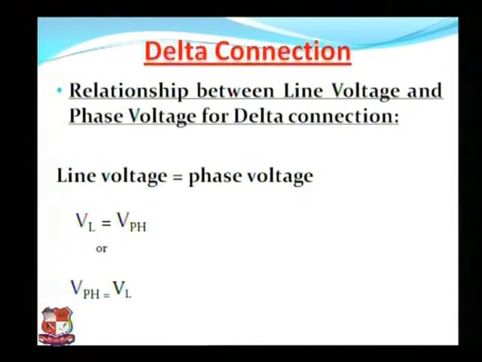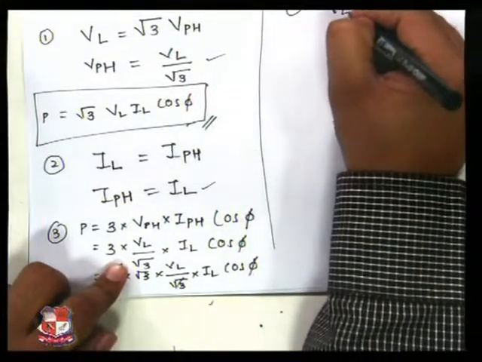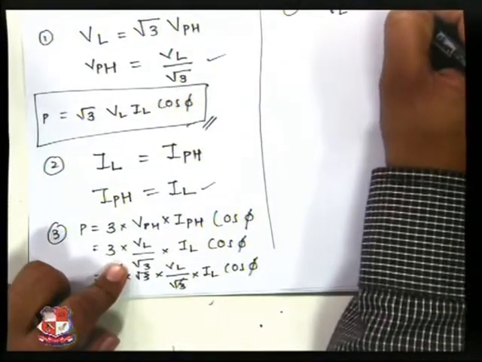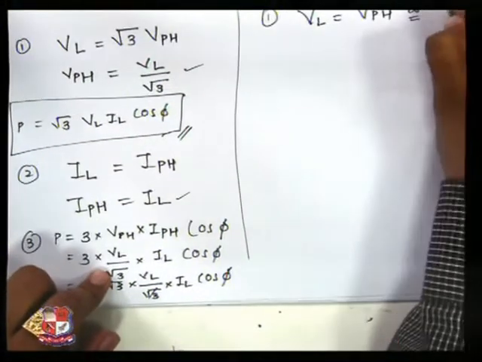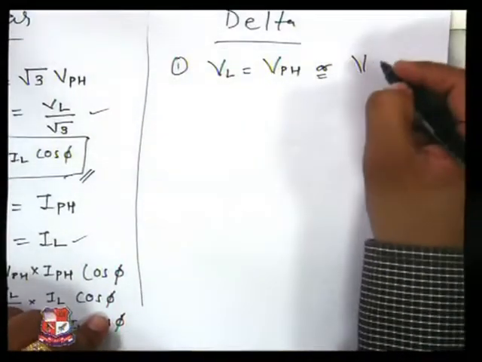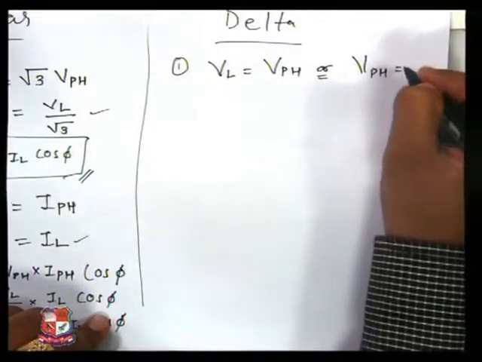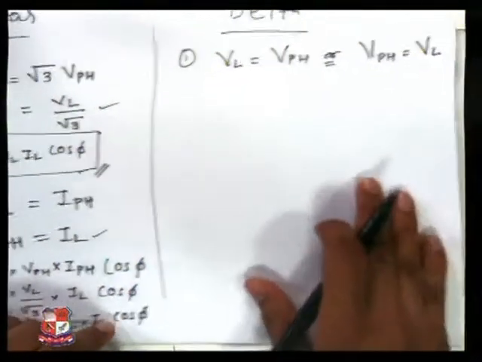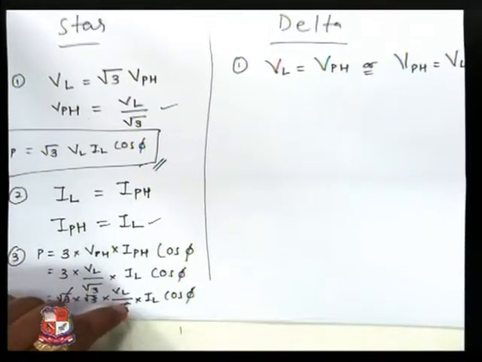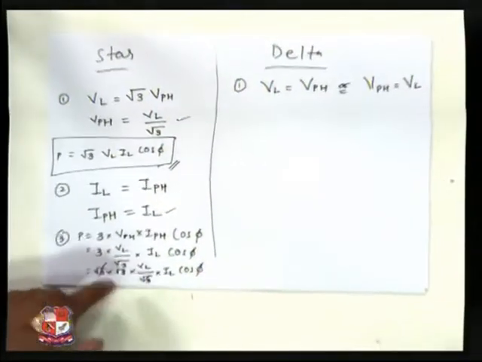We can write VL equals VPH, or VPH equals VL, in the delta connection.